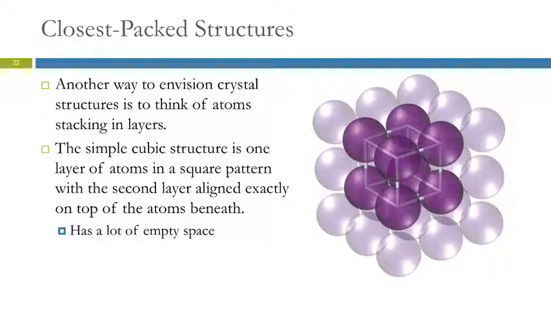So another way to think about these crystal structures and how these atoms are put together is to think in terms of layers. So imagine a box and you're putting fruit in the box and you're arranging the layers in different ways, or marbles or ping pong balls or whatever. A simple cubic cell is one where we have the first layer and then the second layer. This atom is directly above the atom below it.